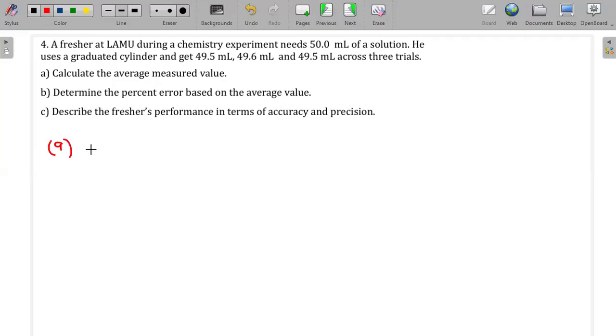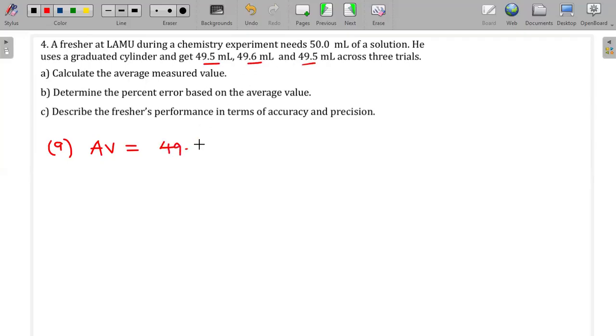So the average measured value, we're going to indicate it by AV, average volume. The average will just be the addition of the volumes, and then we divide by how many they were.